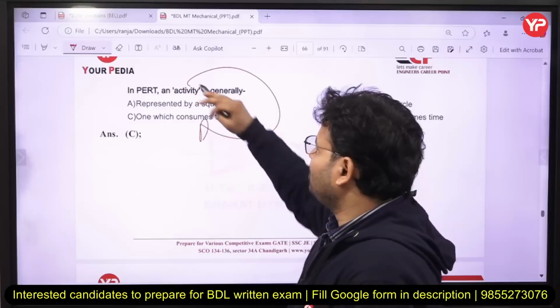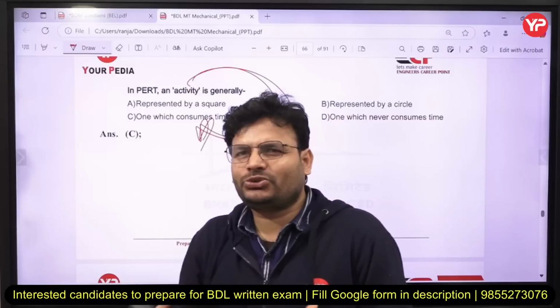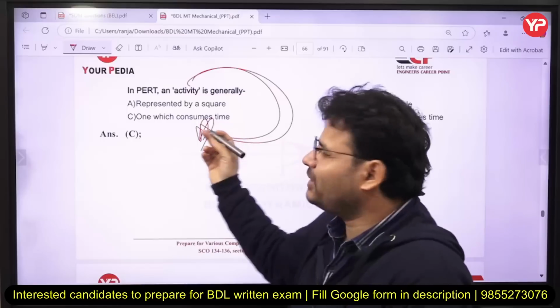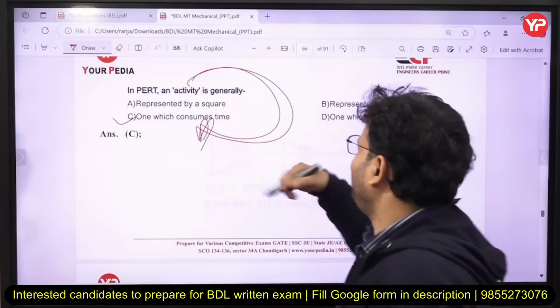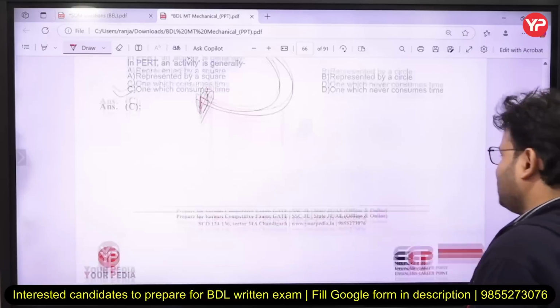Obviously it will consume time, not even time, some resources it will also take, manpower you have to give that, so it should be resources, but okay, time is also a resource. So I will go with option C, represented by square, no. So the correct answer is what, my dear friends? C for Chennai is the right answer.